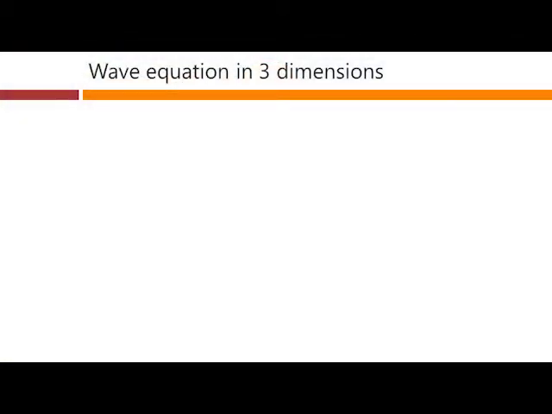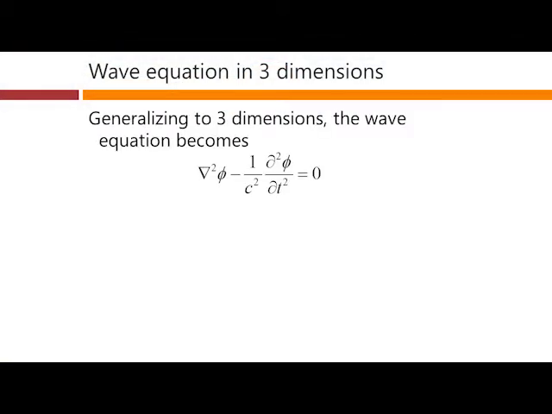So let's look at the wave equation in three dimensions. We can generalize what we had before. Now we're going to use the gradient squared operator, the del squared operator, in our three-dimensional wave equation.